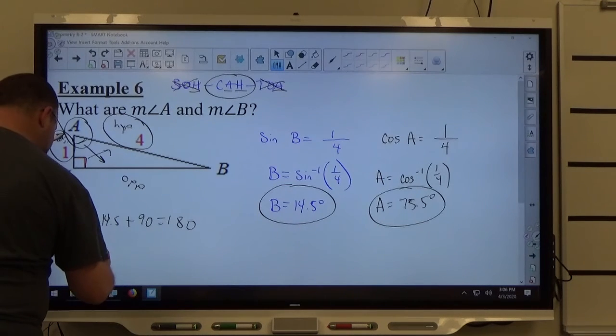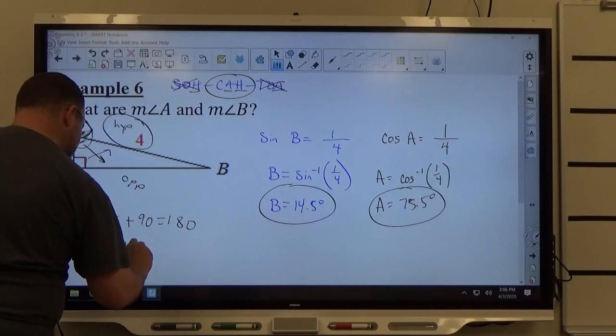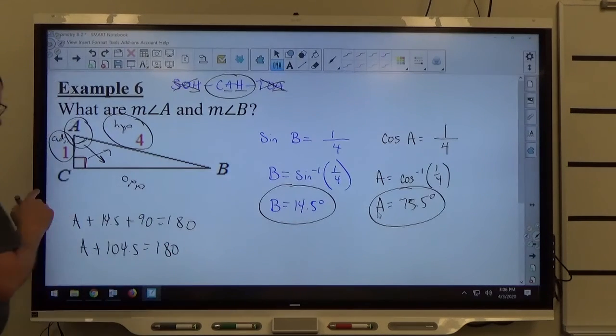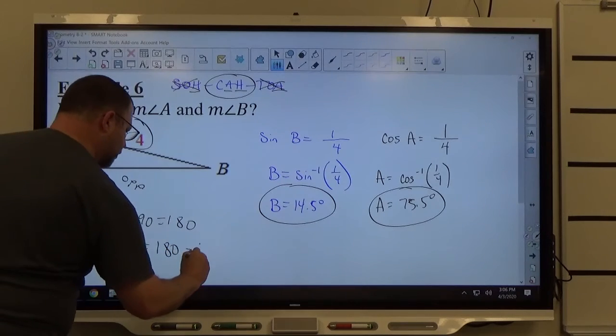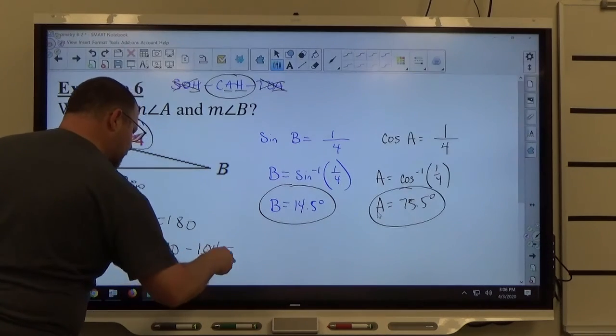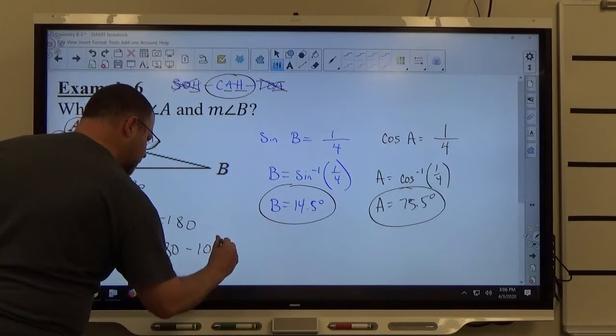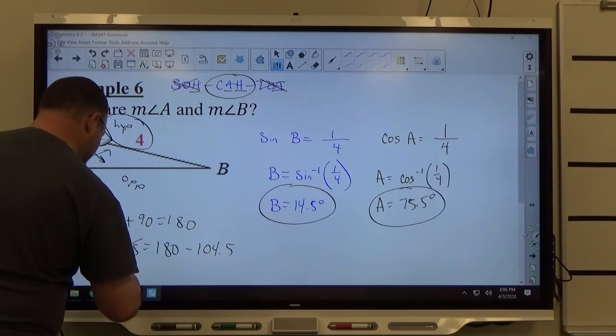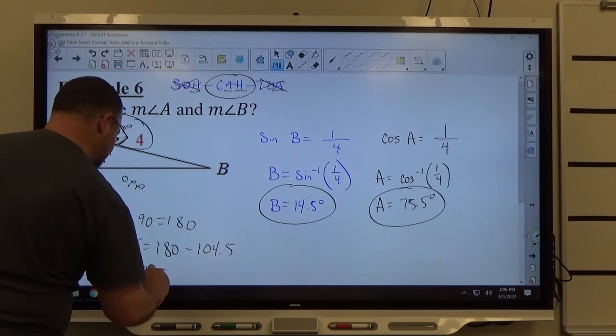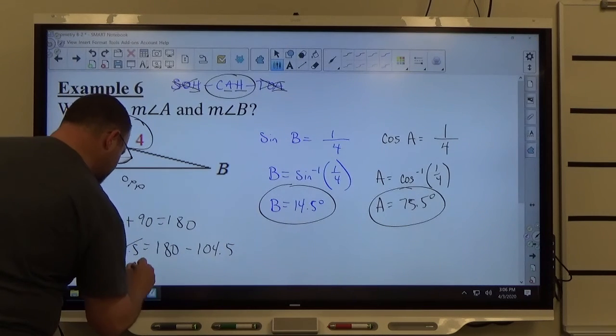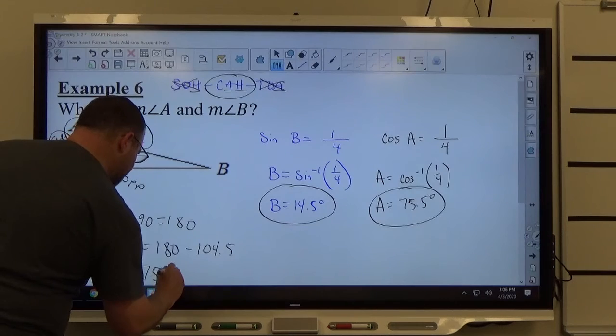So 90 plus 14.5 is 104.5. We slide that over, subtract. And if we subtract 180 minus 104.5, we're going to get 75.5. My writing is atrocious today. 75.5 degrees.